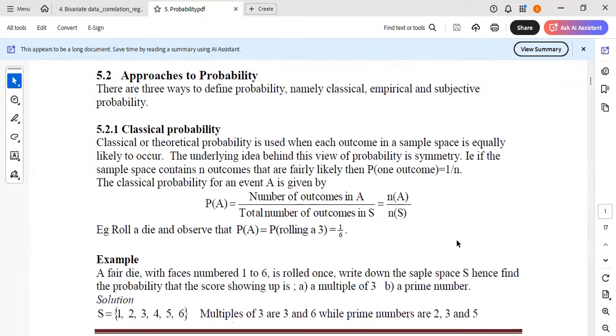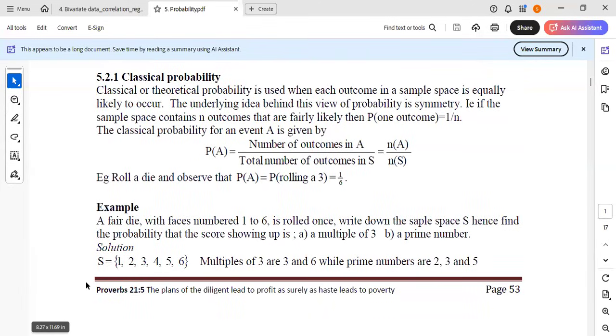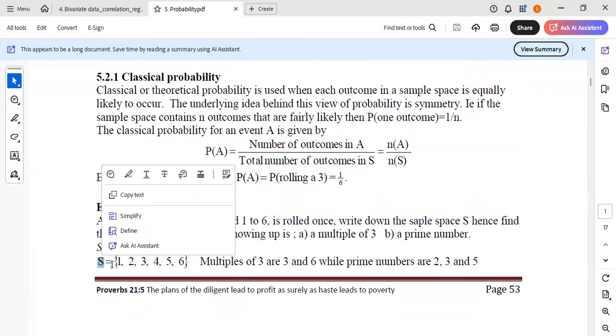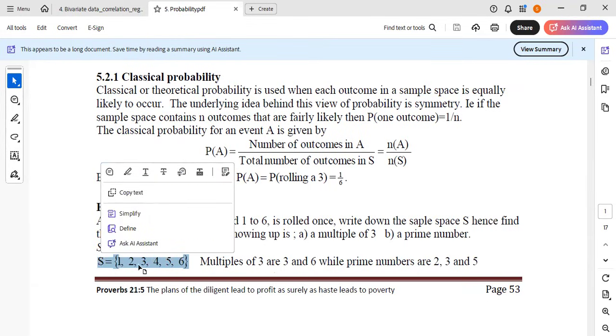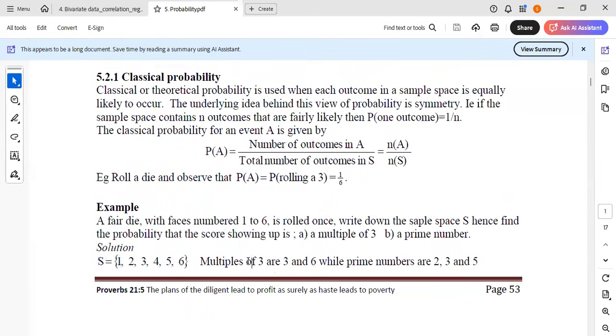So in the solution, we get the sample space in this form. S is the set of the numbers 1, 2, 3, 4, 5, 6, because those are the faces of a die. And then we count how many are multiples of 3.